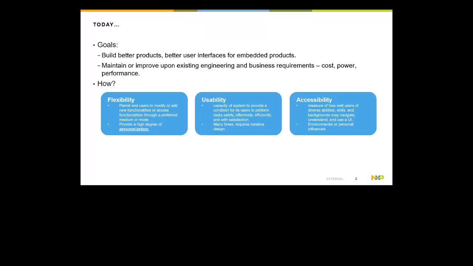Okay, so second is usability. That's essentially the capacity of a system to provide a condition for its users to perform the defined tasks not only safely, effectively, and efficiently, of course, but with a high degree of satisfaction, right? That's what lets people not only learn how to do something, but keep coming back to a specific product and also learn how to use it more efficiently.